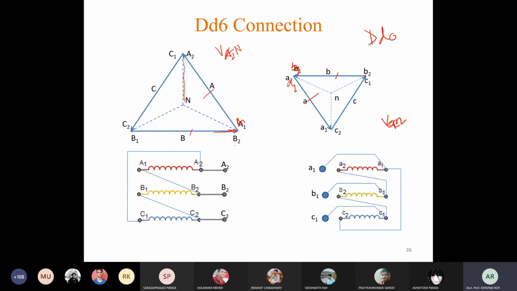Now compare this connection diagram with the previous one. It was A1, B2, B1, C2, and C1, A2. In this way, they were connected, isn't it? Yes, sir.